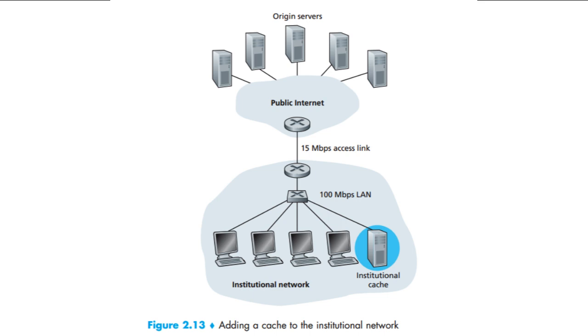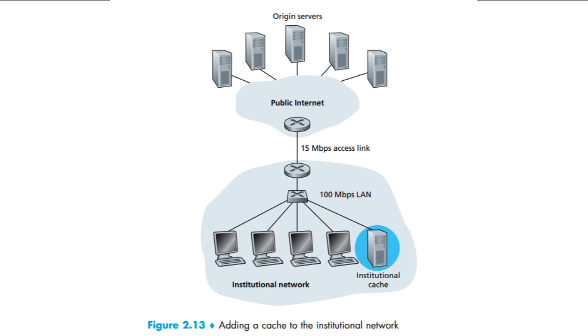For illustrative purposes, let us suppose that the cache provides a hit rate of 0.4 for this institution. Because the client and the caches are connected to the same high-speed LAN, 40% of the requests will be satisfied almost immediately, say within 10 milliseconds, by the caches.